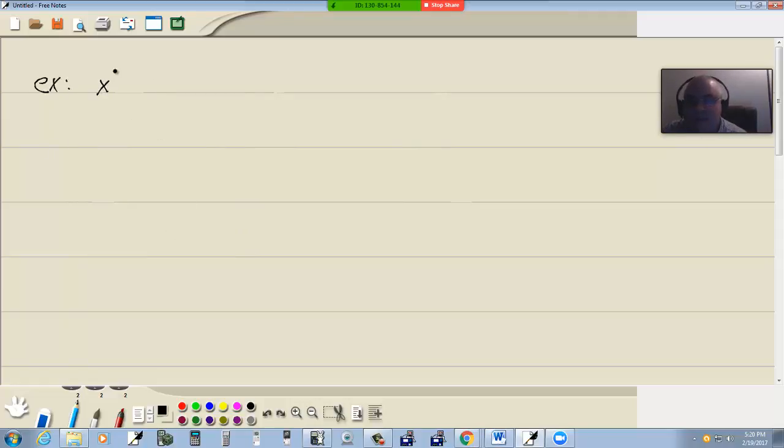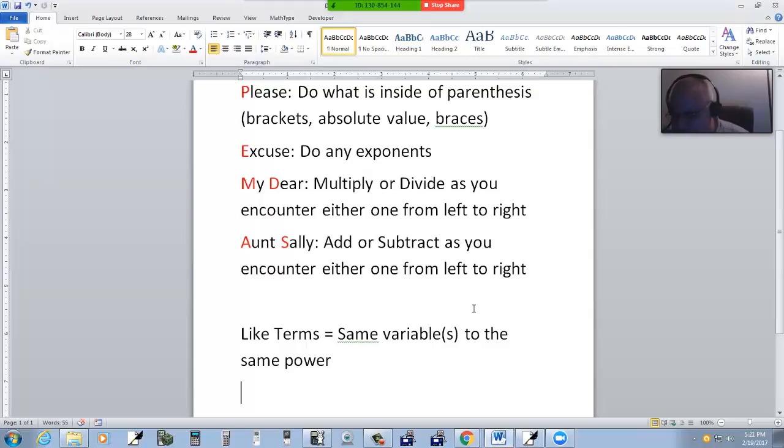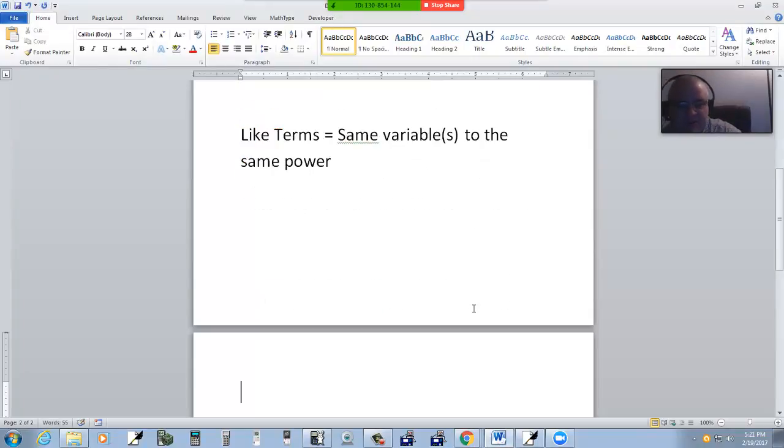Now if I have x to the 12th over x squared, there's actually a property for this, but I don't like the property. It's much easier to think of it another way.